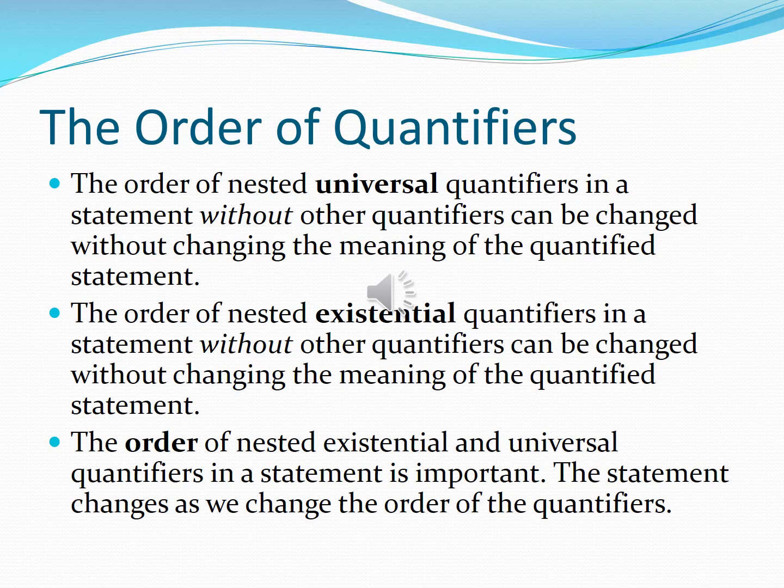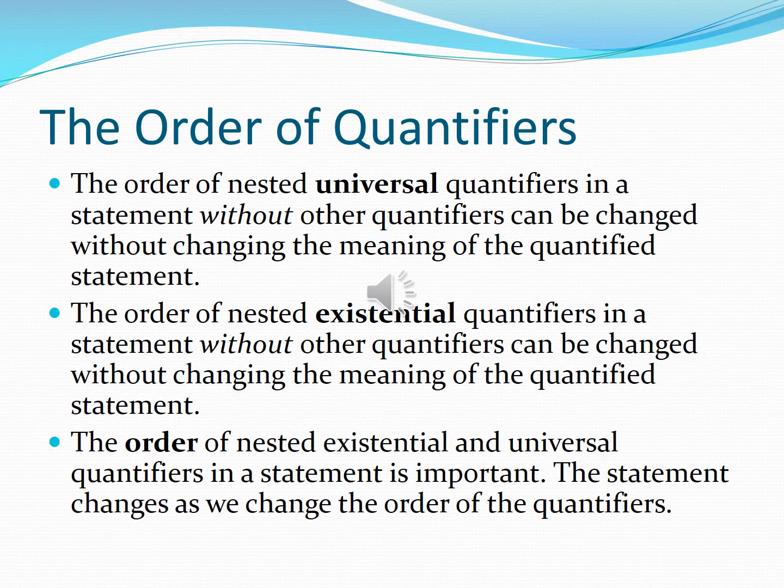The order of quantifiers. Does the order of nested quantifiers matter? If you have two quantifiers, existential or universal, does the order matter? Yes, it does matter. However, the order of universal quantifiers alone, if you have two or three nested universal quantifiers, does not matter.